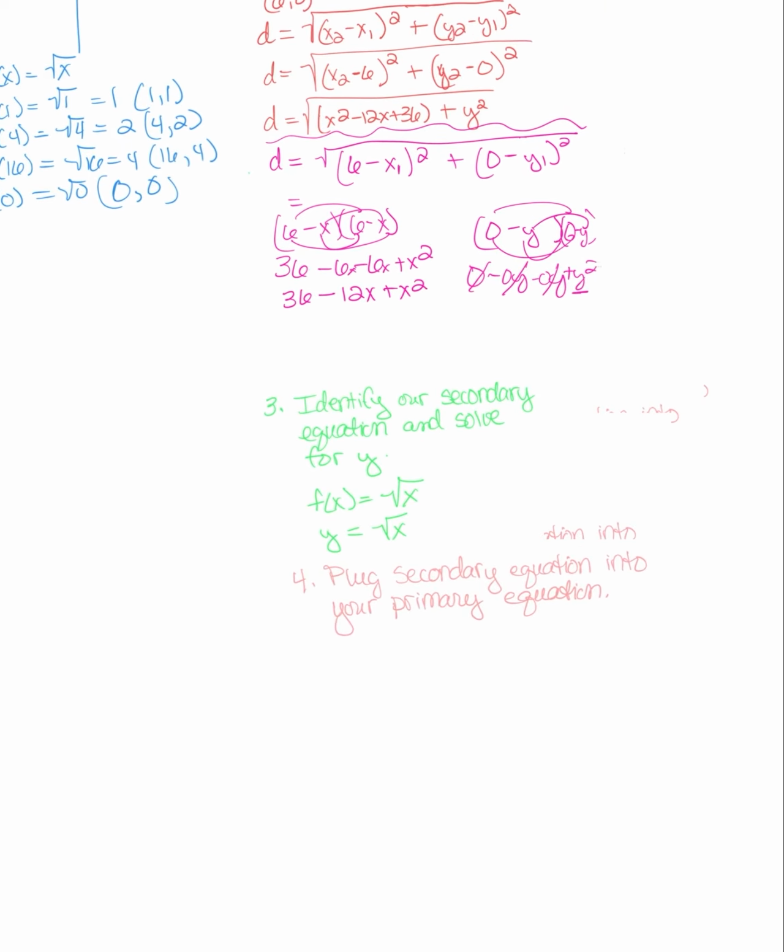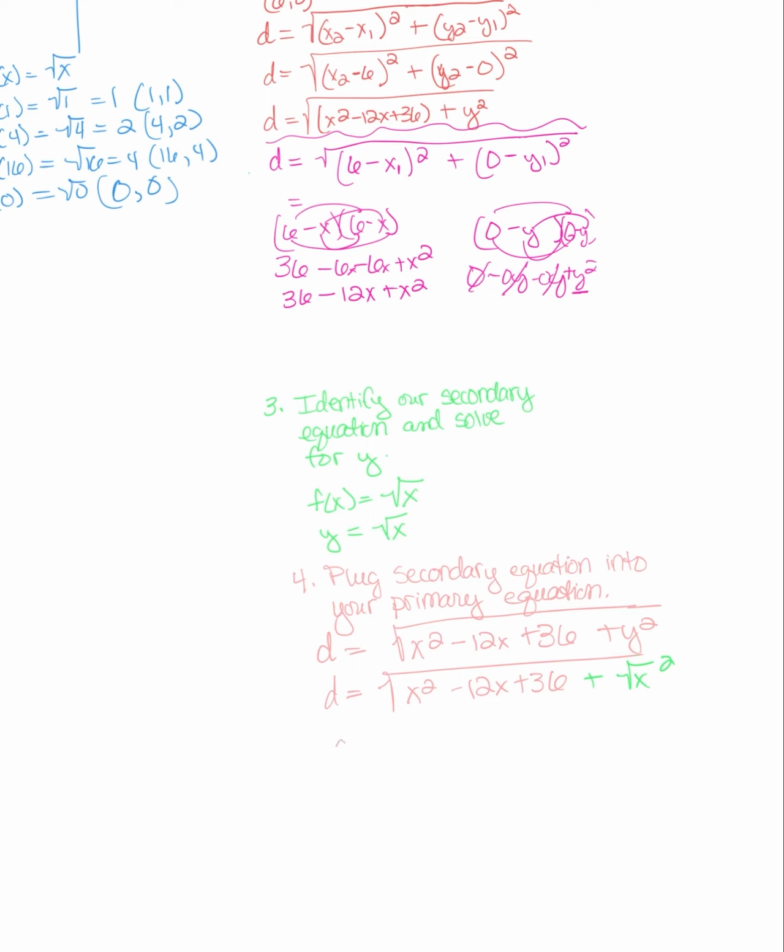So we have that our primary equation was d equals the square root of x squared minus 12x plus 36 plus y squared. So we're going to plug in, we have x squared minus 12x plus 36 plus y, which is square root of x squared. Well, when you square that, you're just going to get x.